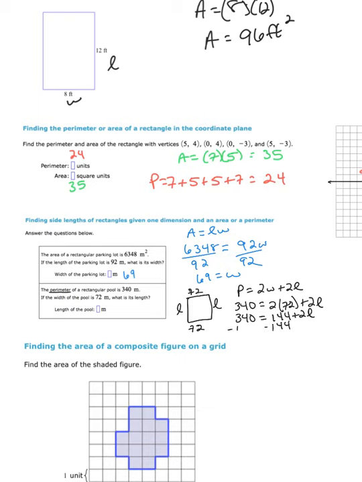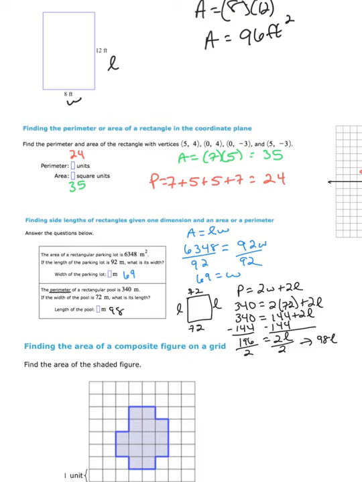Subtract 144 from both sides. I know I'm taking up more space and doing it much more detailed than you would need to, but I want to show you everything. 340 minus 144 is 196. 196 is 2L. Divide by 2. 98 is the length of each side.